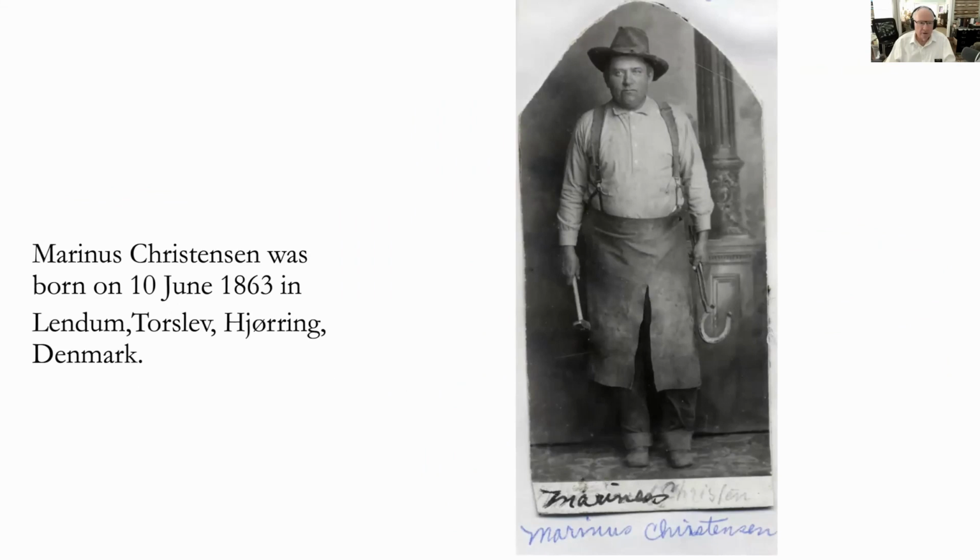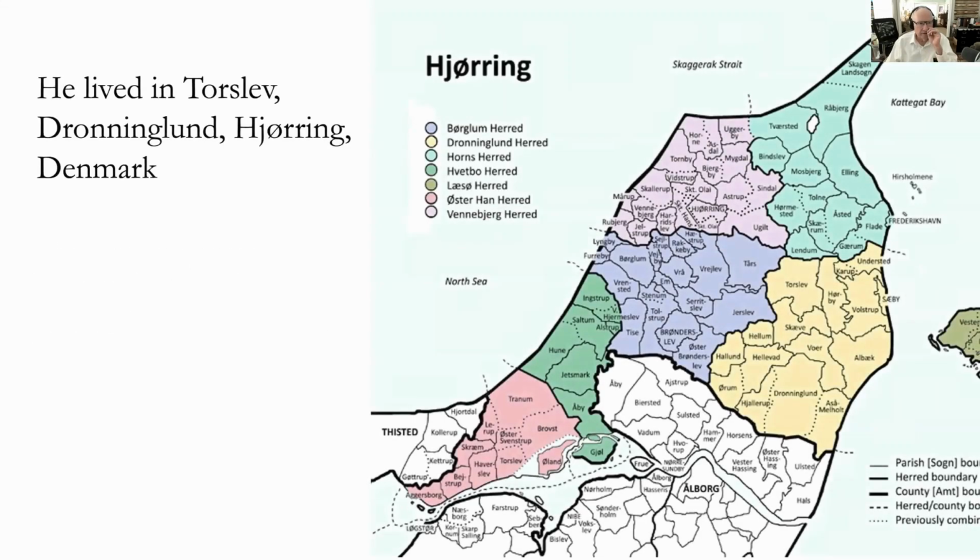Marinus was born on the 10th of June, 1863, in Ledum Torslev Horing in Denmark. And he was a blacksmith by trade. And he lived in Torslev, Dronninglund, Horing, Denmark. And that's up in the little tip of Denmark that goes up towards Norway. And how do we know this?